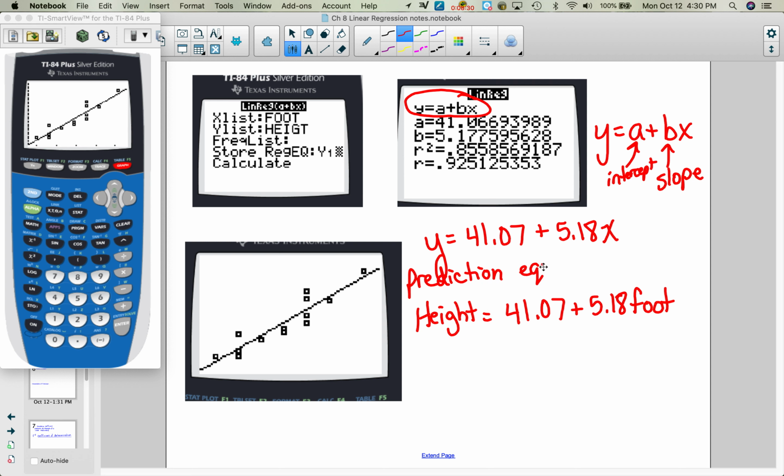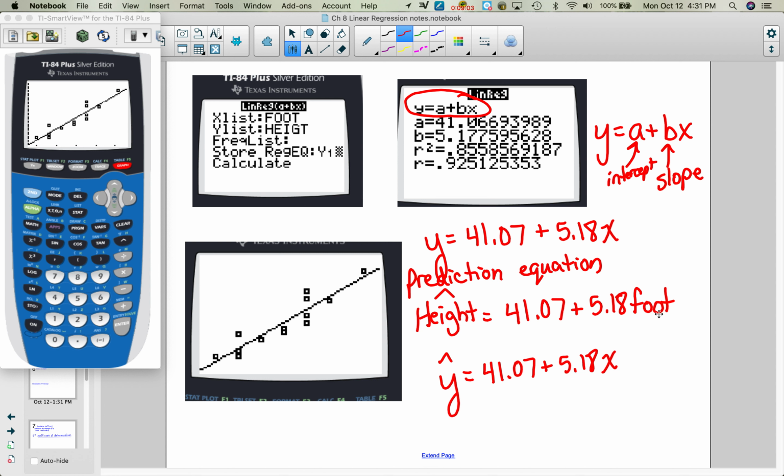And if we wanted to predict the height of a person based on their foot length, this would be the best line to do that with. Now, we have a symbol in statistics to show that something is a prediction equation, and it's a statistic, and that is this little hat. And that's how you would say that, hat. Height hat, or Y hat, equals 41.07 plus 5.18x.